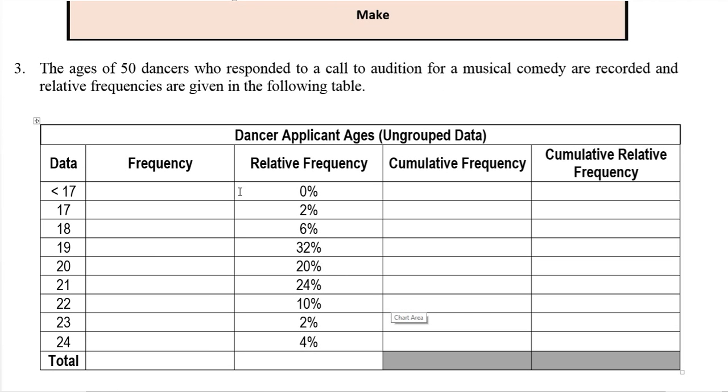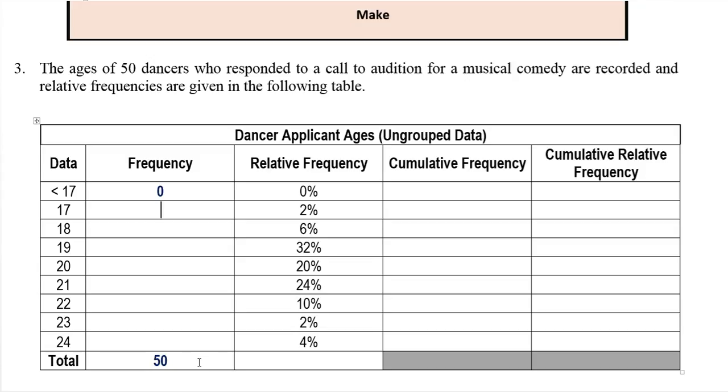So if we know the total is 50, of course there's 0 here. If 2% of the total is 17 years old, so it's 50 times 2%. That's 50 times 0.02.